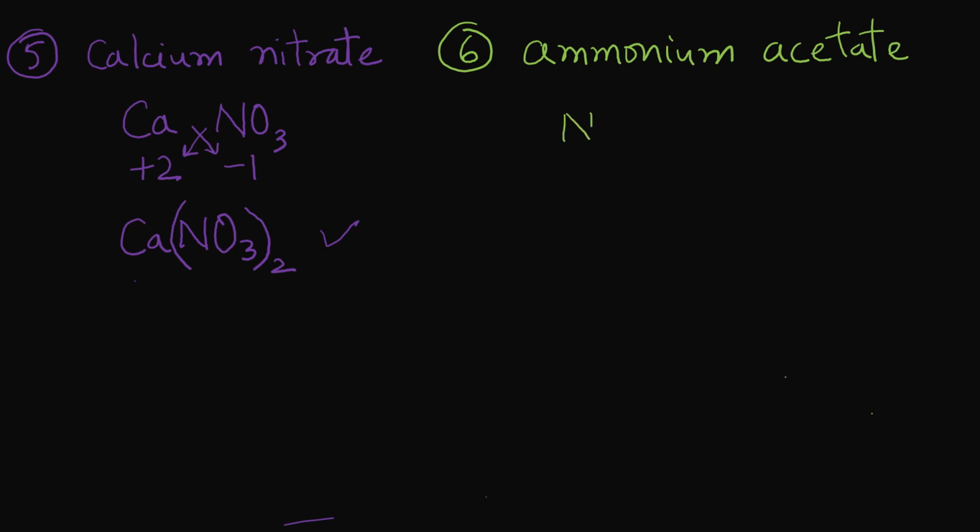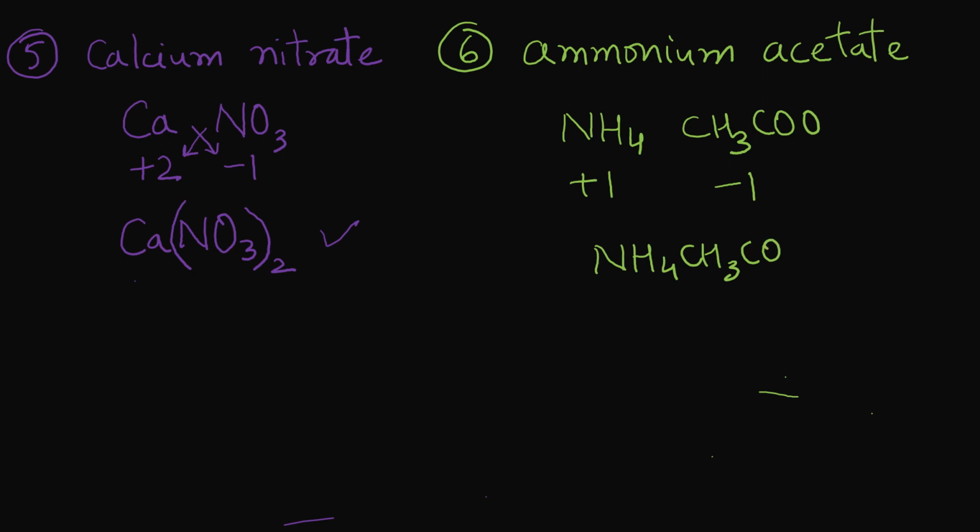So the formula is NH4, charge is +1. Acetate is CH3COO, because again it's ending with ATE, which means it's a polyatomic ion. Look from the polyatomic ion list. So the formula is this, charge is -1. So we will end up writing it like NH4CH3COO. We don't need any brackets here because it was just one each, right? So we only use brackets for polyatomic ions when there is more than one.